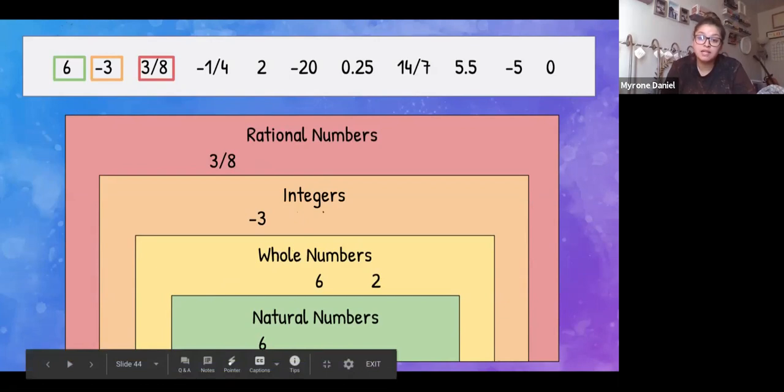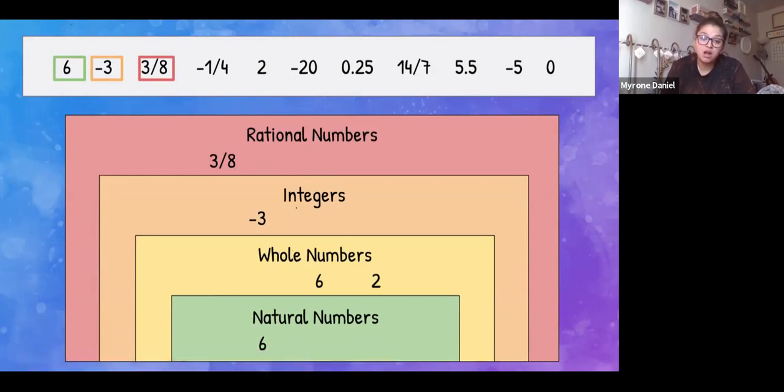Whole numbers can be integers, but not all integers could be whole numbers because of the negative part of the integers. Same with the rational numbers. Integers can be rational numbers, but rational numbers cannot all be integers because they are decimals and fractions. So negative 1/4 is a rational number. Even though it is a negative, it is a fraction, so that is going to go into the rational numbers.